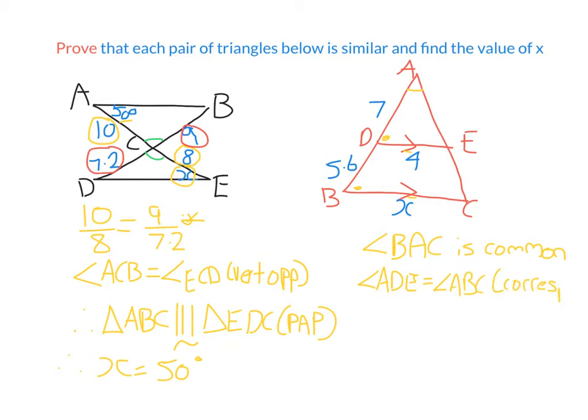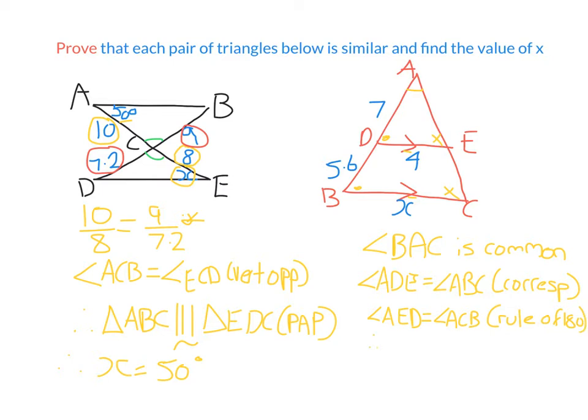Remember what I said before, if you've shown that there are 2 pairs of equal angles, the third pair must also be equal because of the rule of 180. So I can write this angle and this angle must be equal. The top one's AED, equals angle ACB. The reason for that, they are also corresponding, but they're also going to be equal because the other 2 angles are equal. So I can write rule of 180 or corresponding.